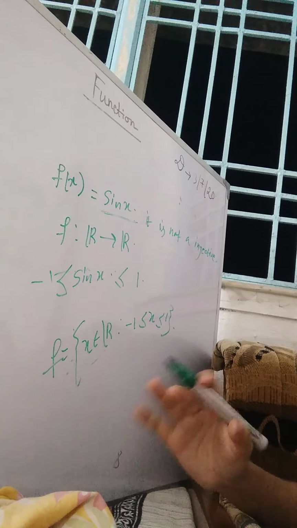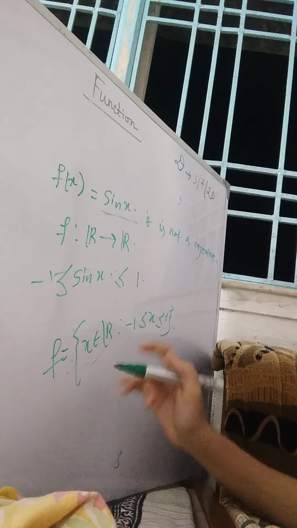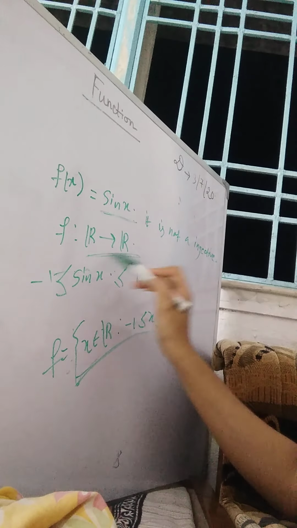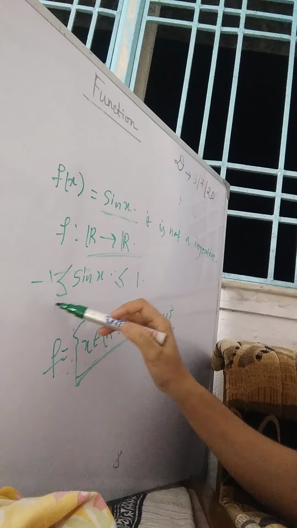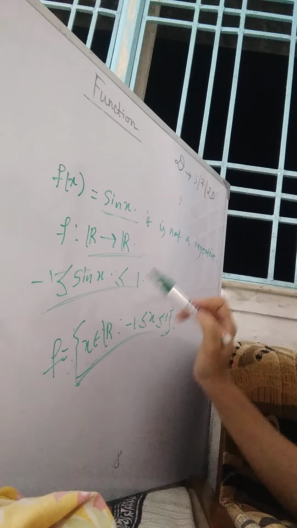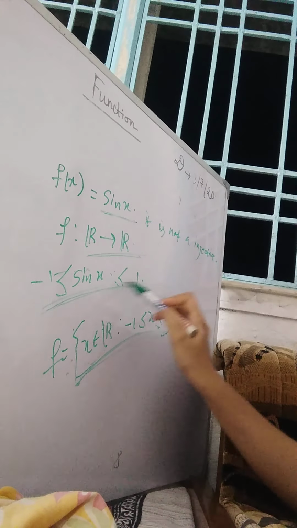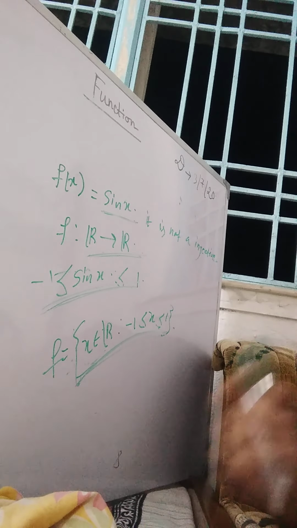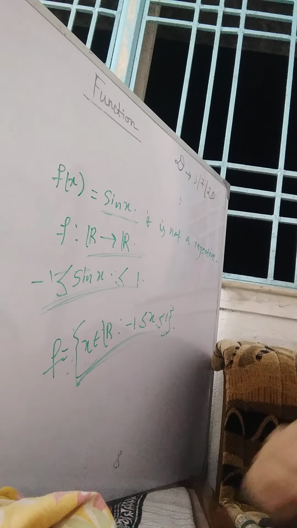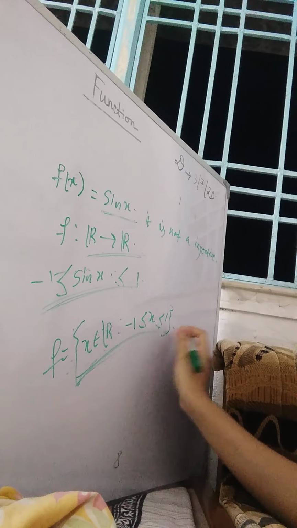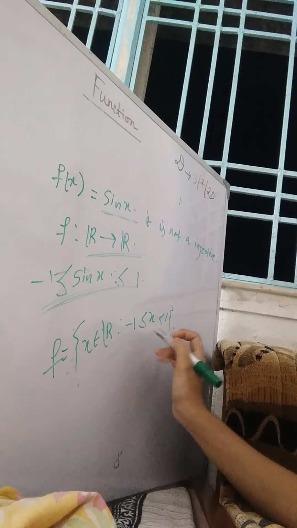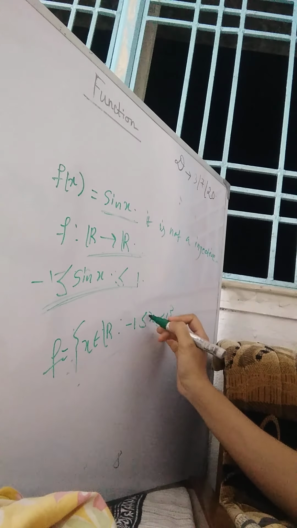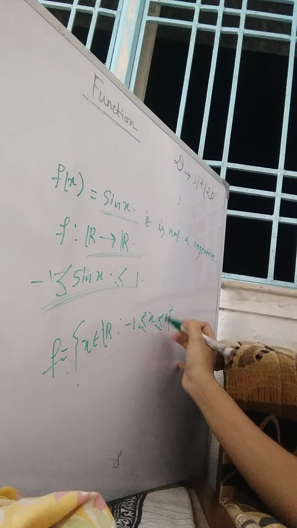This is the range of the function, and it is not equal to R. It is a proper subset of the codomain set R, not the whole codomain.